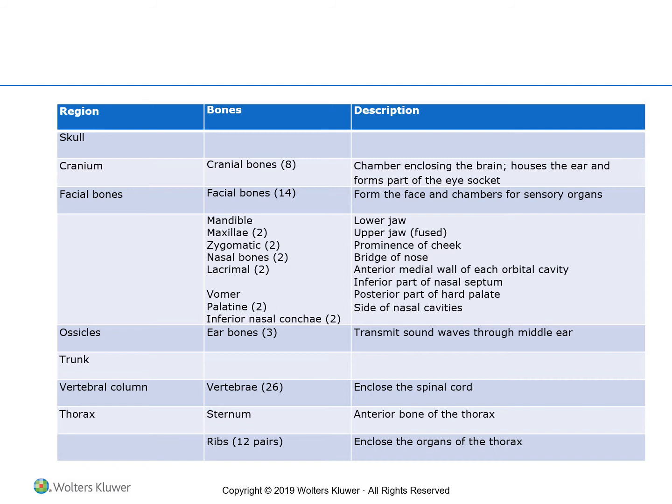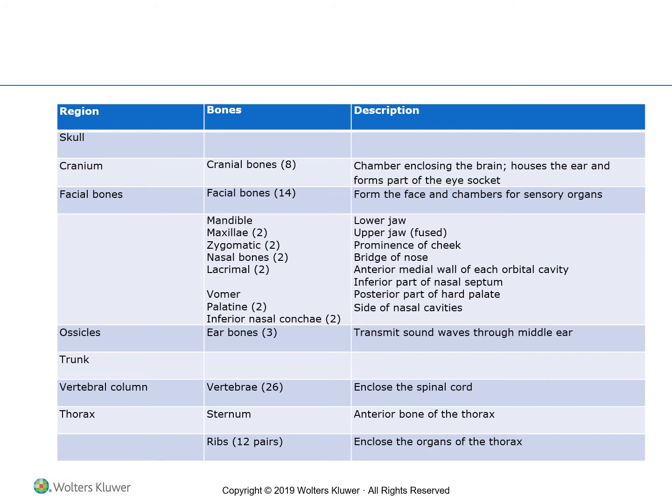Lacrimal bones are the medial walls of the orbital cavity immediately above the nasal bones and a little bit inside the eye socket. We have the vomer, that is the posterior part of the hard palate. We have the palatine bones, that there are 2 of them, and they are sutured. They meet together in the midline of the mouth. And we have the inferior nasal conchae.